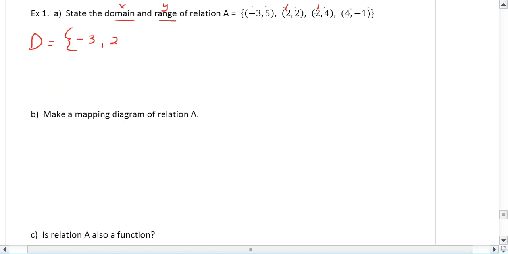I don't need to list 2 again in the domain. It wouldn't be wrong if you did, but it's not needed. And then 4 is also one of the x values. The range now is all the y values. So 5, 2, 4, and -1 in no particular order.